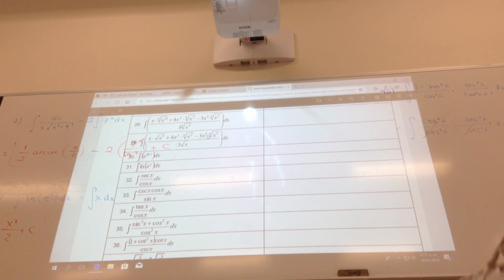Yo no entendí cómo pasó de x sobre x a un medio de tal. That's the formula, one of the formulas. There is a reason for that formula, but I cannot teach you that yet because you don't know the technique for that.